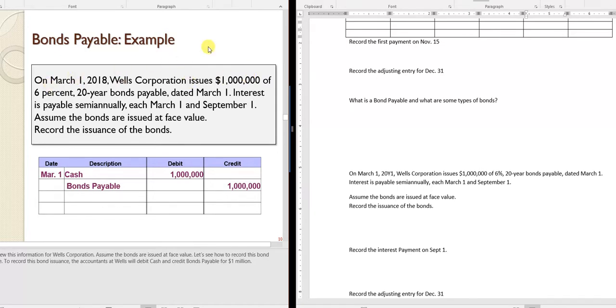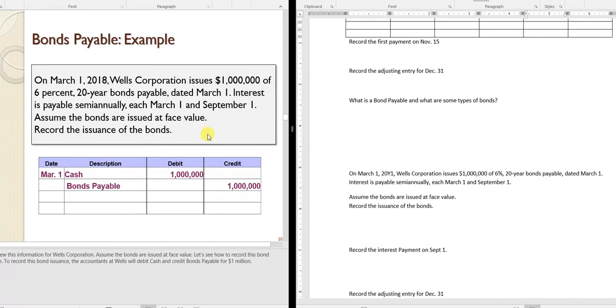So we got what, $6,000? I think I said $6,000. I meant $60,000. So $1 million times 6%, $60,000, paid twice a year, payable semi-annually. So I take it times 1/2, and we're going to pay $30,000. So divide it in 2. So I'm going to pay March 1st, pay $30,000. September 1st, going to pay $30,000.